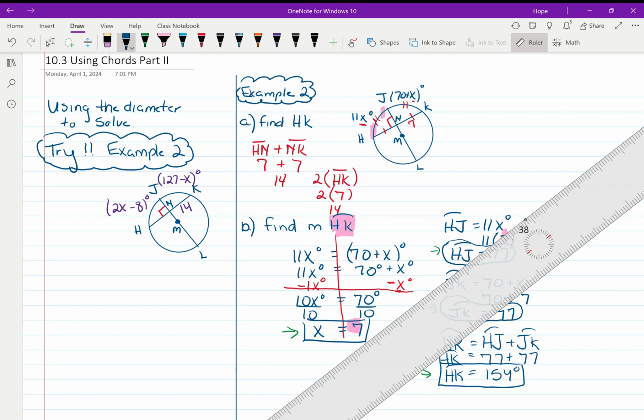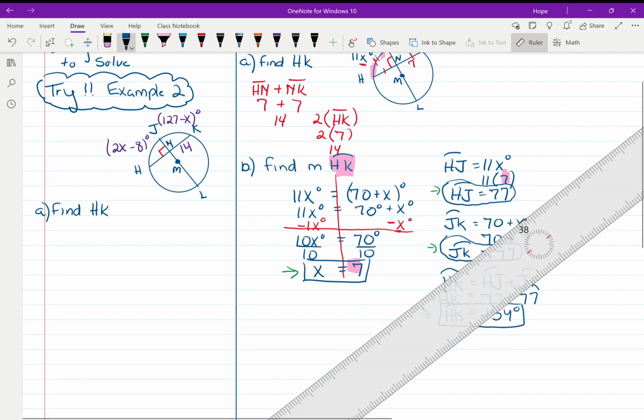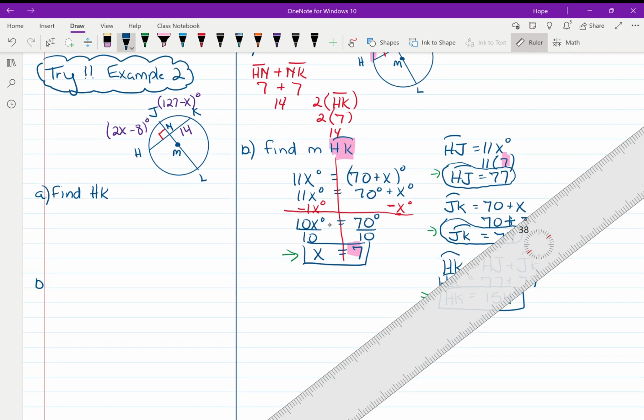So your A is going to be find HK. So that's your A. And then your B is going to be find the measure of HK for the arc.